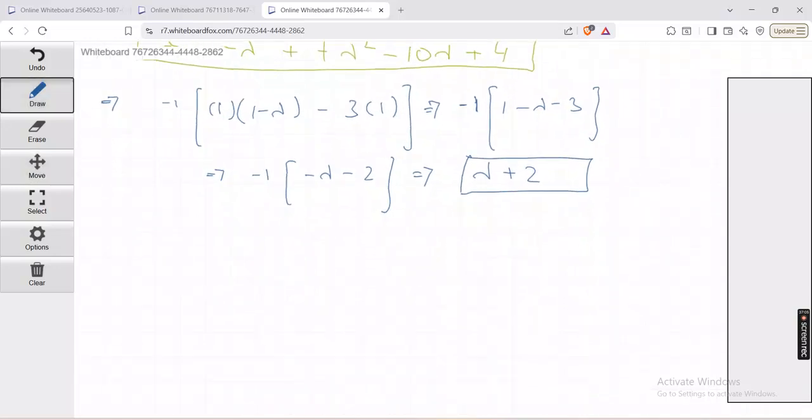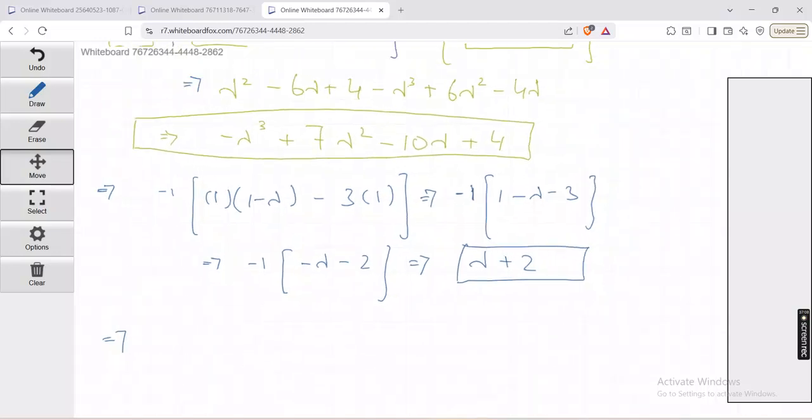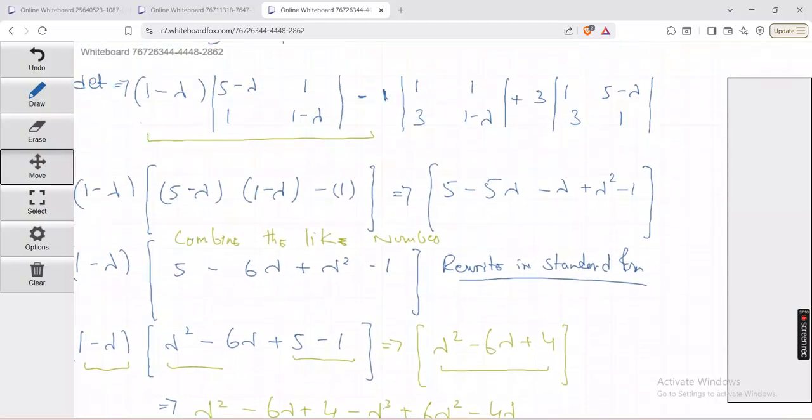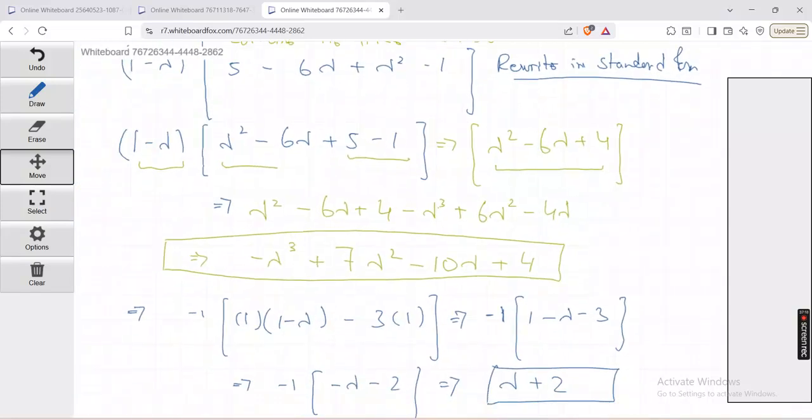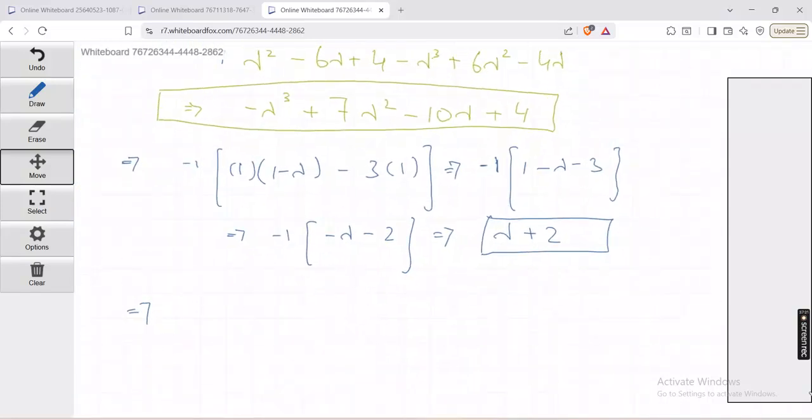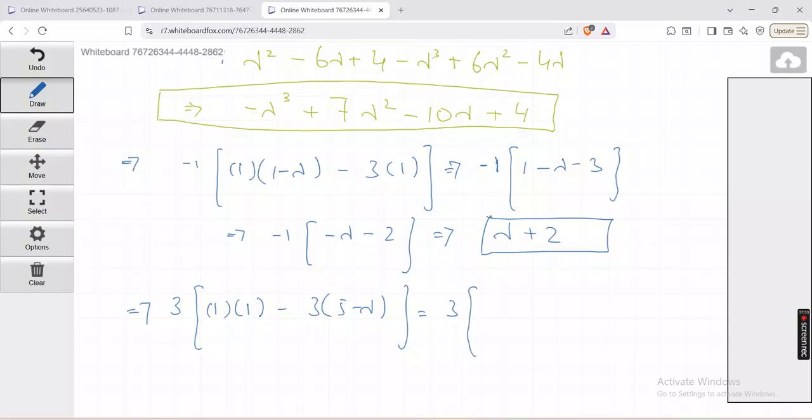Now for the last one, 3 into 1 into 1 and this lambda: 1 into 1 and 3 into 5 minus lambda. So 3 into 1 minus 3 into 5 minus lambda, which is equal to 3 into 1 minus 15 plus 3 lambda.